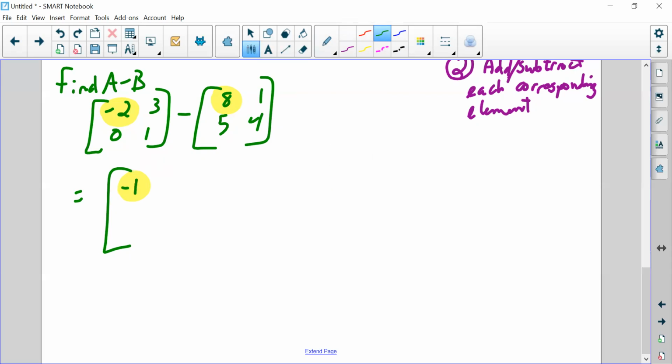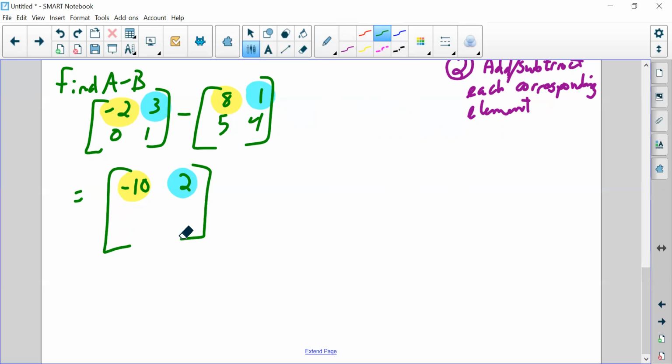That gives us -10. Then I'm going to repeat that for my next entry. So now I'm going to go to my first row, second column, subtract my first row, second column, and that answer is going to go in my first row, second column in my answer matrix. And what do you get there? 2.